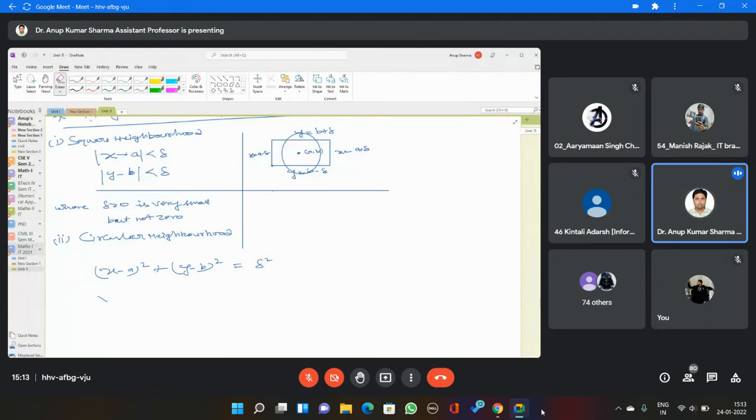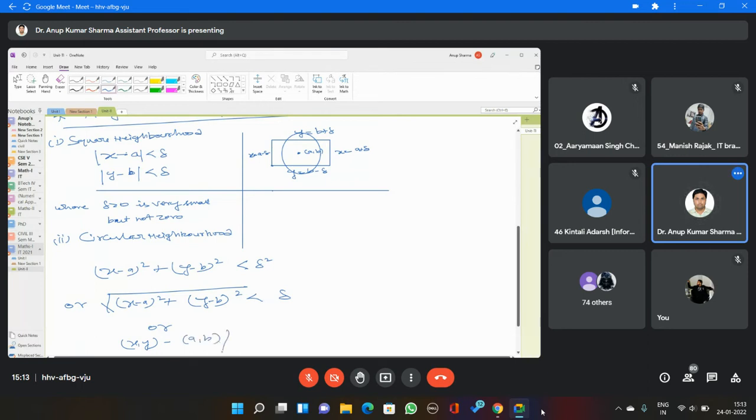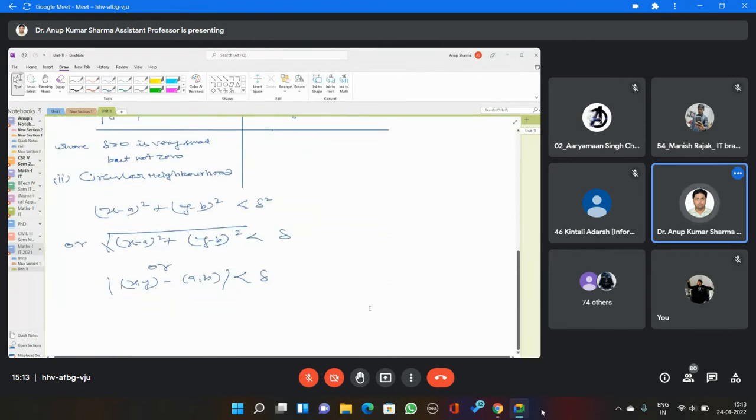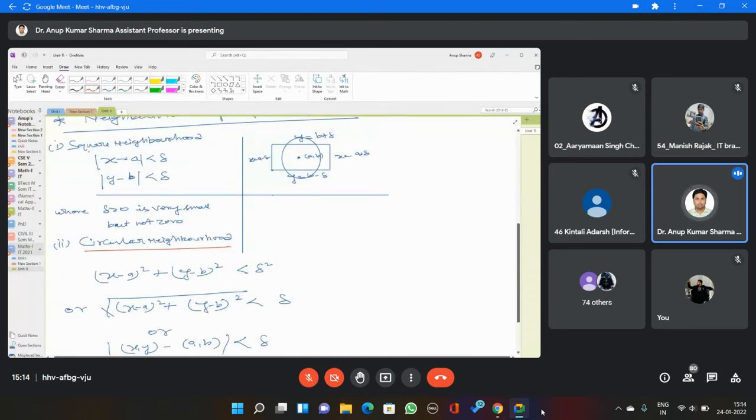When defining the neighborhood, we write x minus a whole square plus y minus b whole square less than delta square. We can also write modulus of (x, y) minus (a, b) less than delta. This represents the circular neighborhood, and the other one represents the square neighborhood.